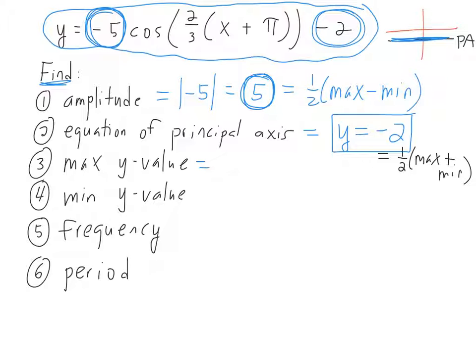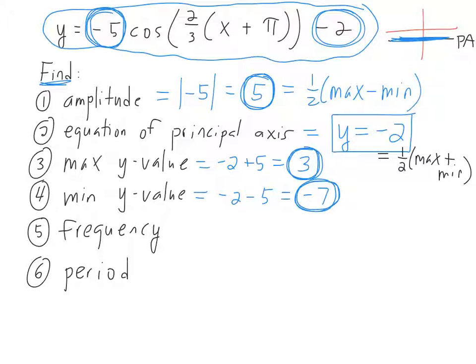So to find the maximum value, we're starting at this -2 line, and if we add 5, we would get 3. So that's the highest this graph would reach in terms of its y value. The minimum, we're starting with this -2 principal axis line, which is in the middle, and we're going to subtract 5 to see the lowest it's going to stretch. So the lowest it's going to go would be -7.